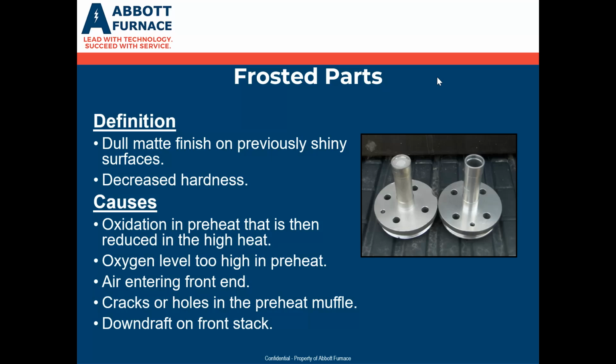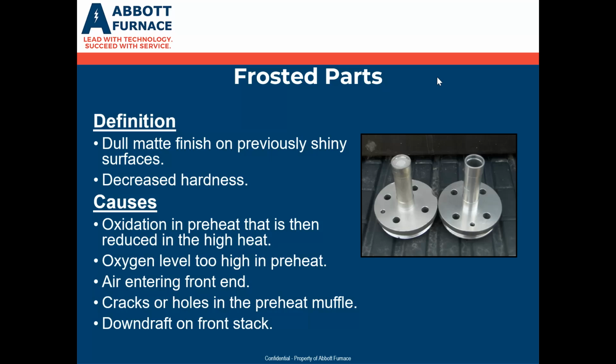And when we see frost, or we see that dull color, that points us toward something happening in the preheat or the lower temperature front zone of the furnace. What happens to cause that dull finish is we're oxidizing the part at the front of the furnace, and then when it gets back into the high heat, there's so much oxide that it's not able to reduce it all off of the surface.